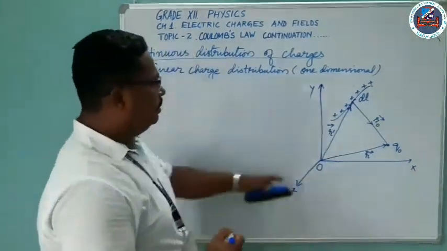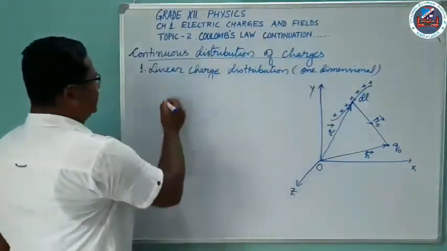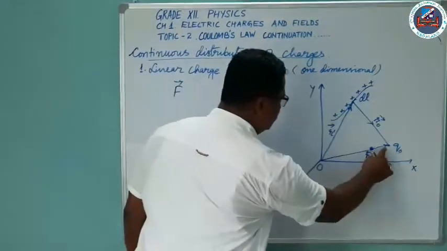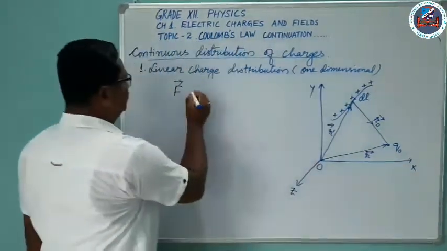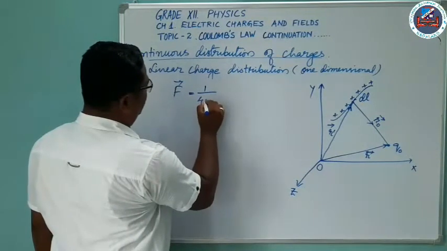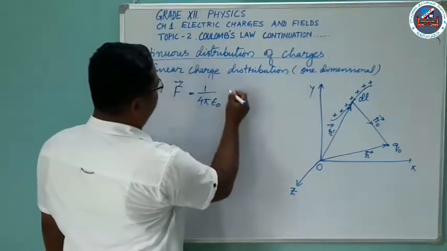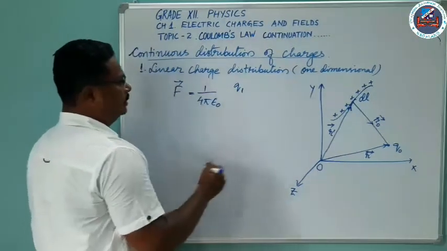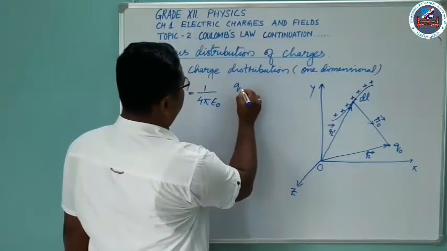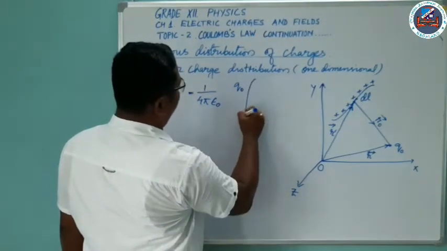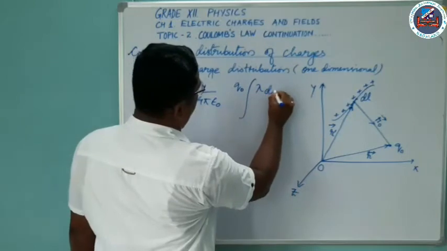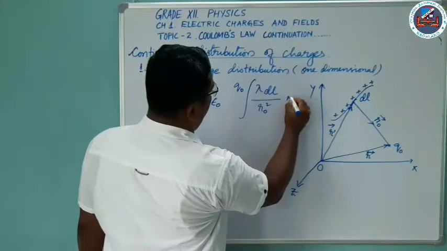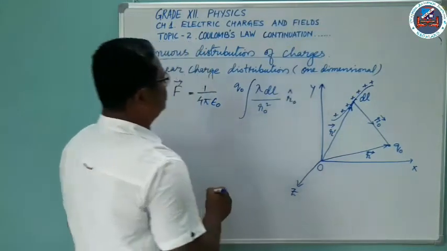Then if you use Coulomb's law, we can represent it like this: the force F experienced by Q0 due to the presence of dl can be given as 1 by 4 pi epsilon naught, Q0, integration of lambda dl divided by r naught square, r naught cap.